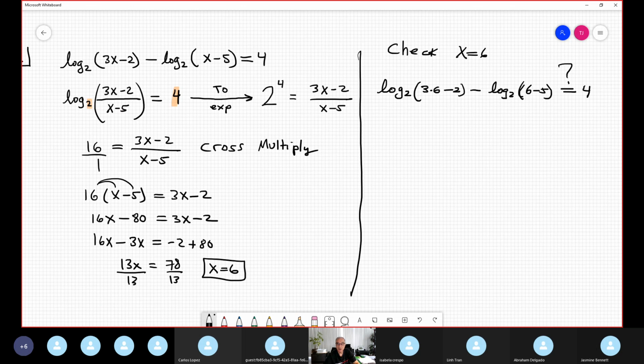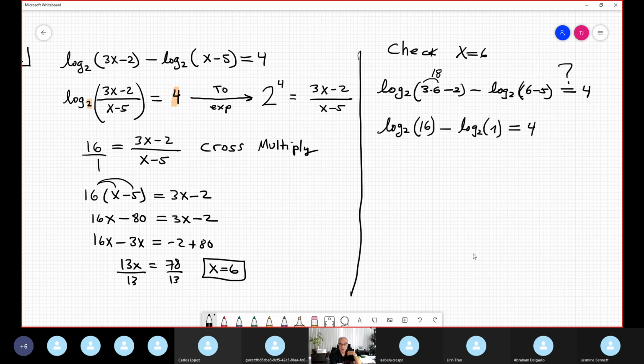I claim that, but I'm not sure that this statement is true. Let me try. Logarithm base 2, okay, 3 times 6 is 18, 18 minus 2 is 16. Minus logarithm base 2 of 6 minus 5, which is 1. Should be 4.